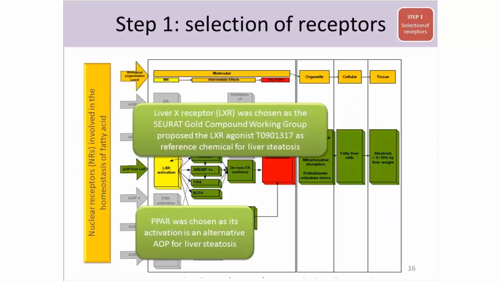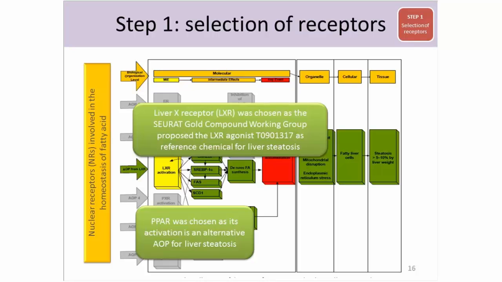So we chose the receptor based on this AOP that was described within the SERA project, and it is related to liver steatosis, because the initiating event of this AOP is the activation, so the interaction with a receptor.